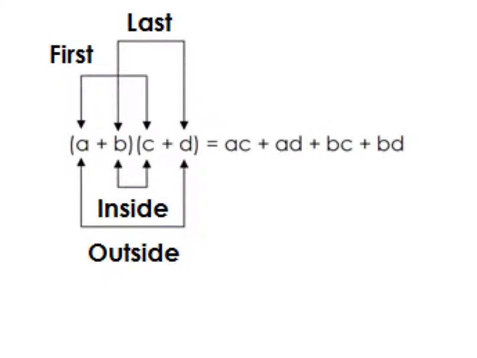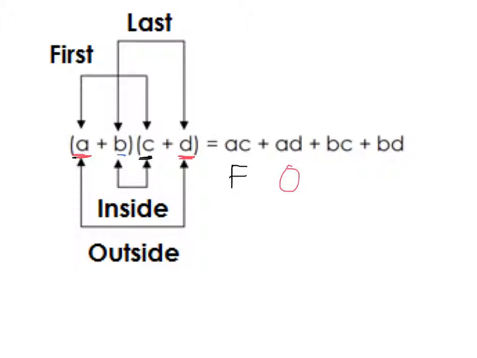You multiply the first term in each set of parentheses, a times c. You multiply the outside term in each set of parentheses. That gives you a times d. This is first. This is outside.